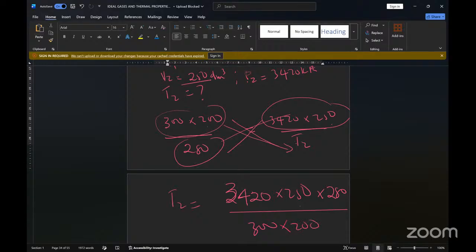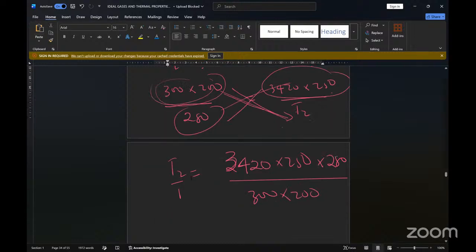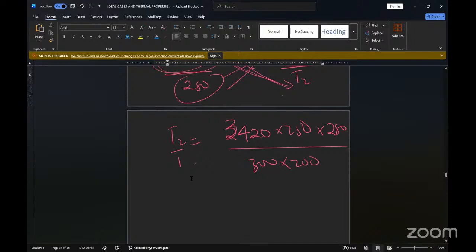Because you see, this one is times T2. So if you put T2 here, it's like T2 over 1, so you can multiply it by that. So that is what we have here, and then this one and that. Anyway, it depends on how you do it. It's mathematics, so you just have to do it the way you think would work.